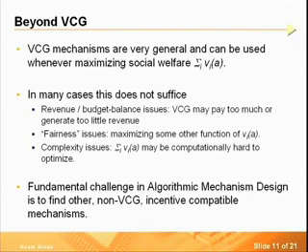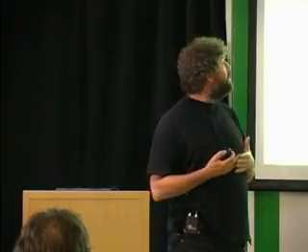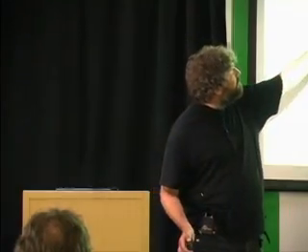Of course, this also applies in economic settings, but in computer science settings, a lot of the time when you're doing scheduling, we're not just trying to minimize the average completion time, which is like the sum of completion times, but we're also usually trying to minimize the completion time of the last job, the makespan. If that's what we want to minimize, then we can't use VCG because it just doesn't work. It can only be applied to the single optimization goal of the sum of the values. So many times we want to optimize other things. That's the second major reason.